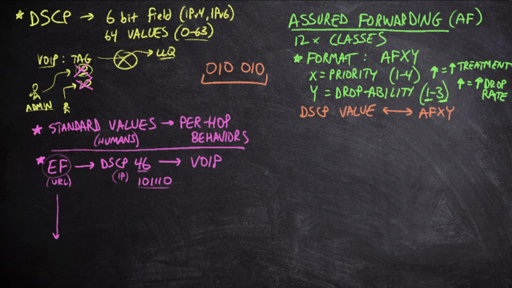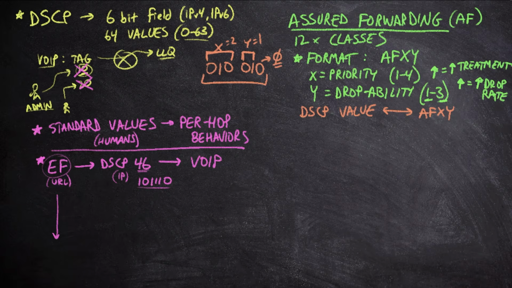So when it comes to assured forwarding, X is going to say what these 3 bits are. Now I'm basically treating these bits like they're not there, so I'm just going to read this as 0, 1, 0. So this would mean X equals 2. Over here, Y is going to look at these 2 bits. So in this case, Y would equal 1, because I'm just looking at these 2 bits, treating all the other bits like they're not there.